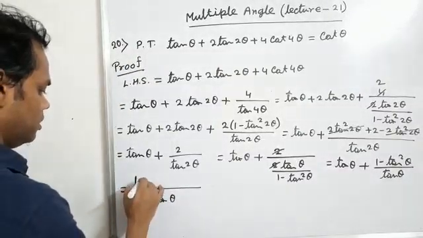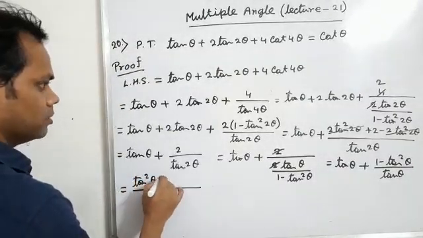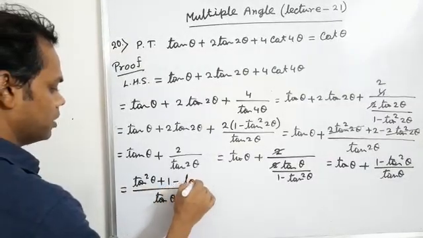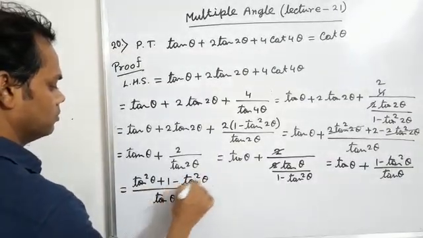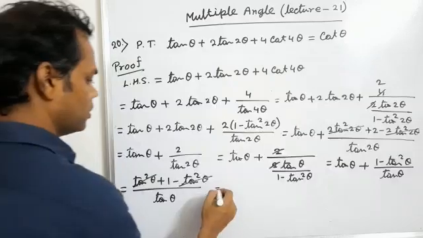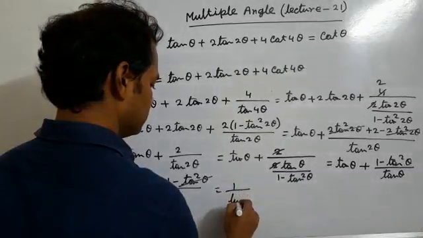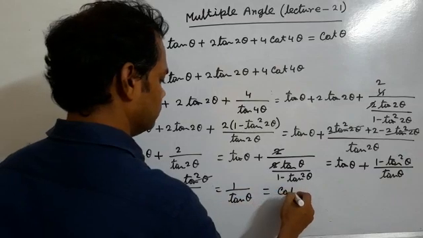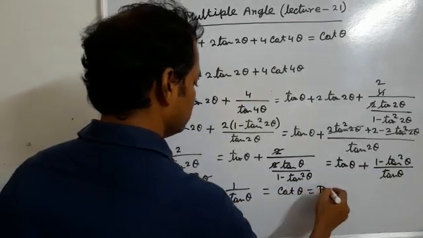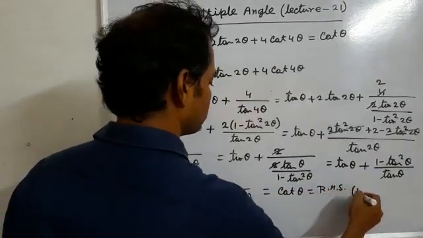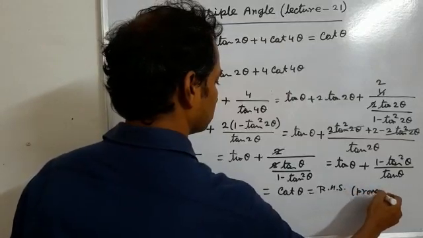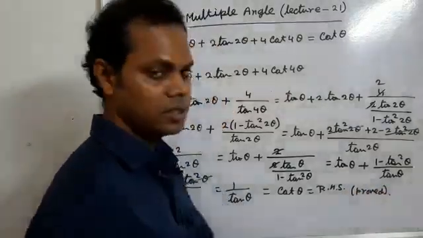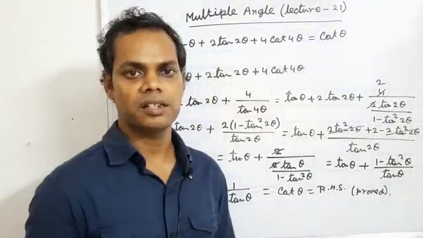So tan theta into tan theta, tan square theta plus 1 minus tan square theta, they cancel each other. So 1 by tan theta, 1 by tan theta equals cot theta, which is the RHS part. True. In the next video we discuss another sum of this kind.